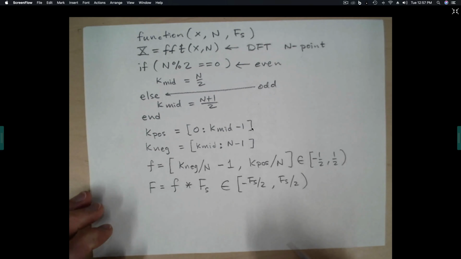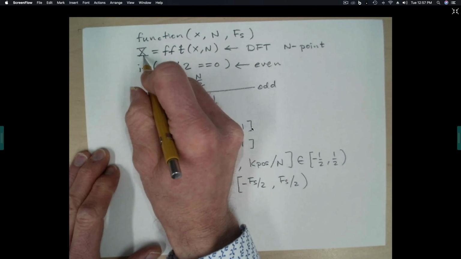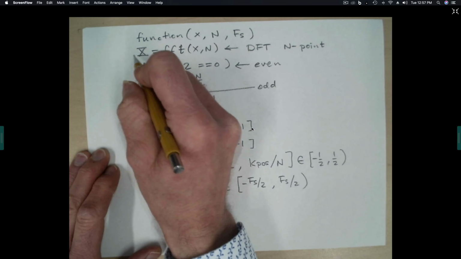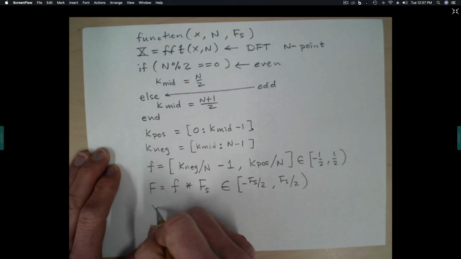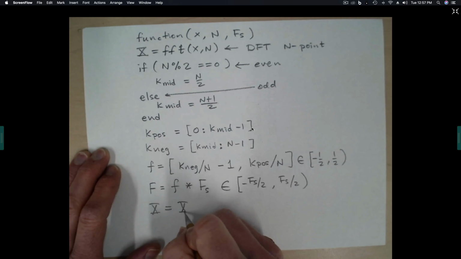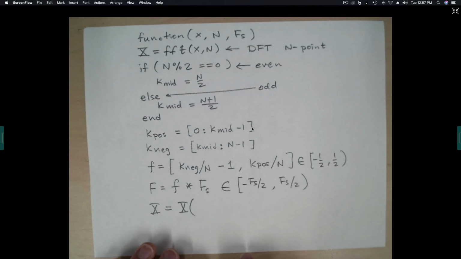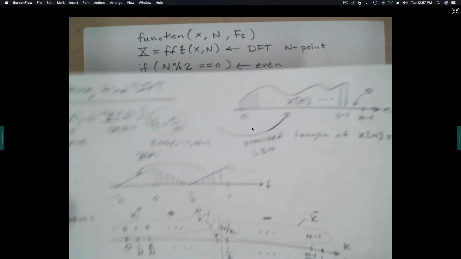All right. The last thing we need to do is think about doing an FFT shift on this capital X vector. We're not going to use the built-in MATLAB function, so instead let's think about what's needed here. Again, we need to swap the positive and negative frequency parts of the transform.